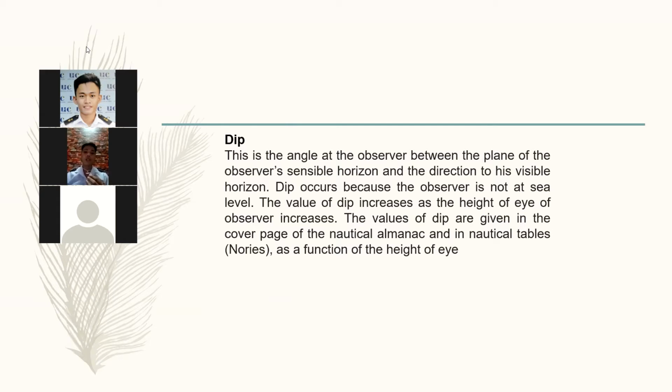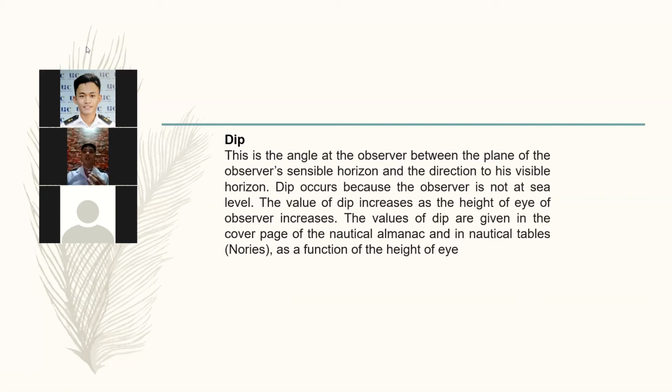For example guys, you are aboard a ship, then you sight a star. Let us put the observer's position on the earth's surface as O, and E is the position of the eye, your eye.